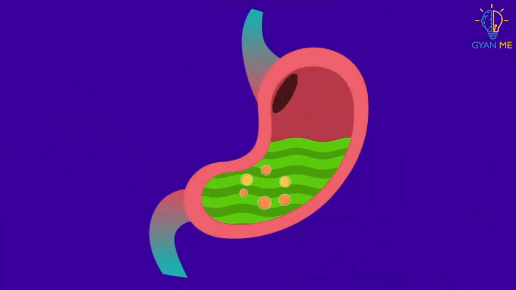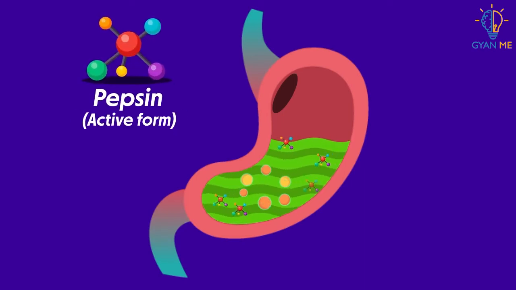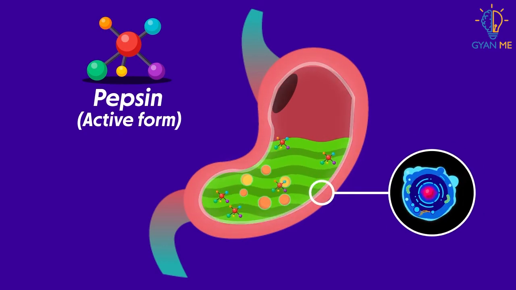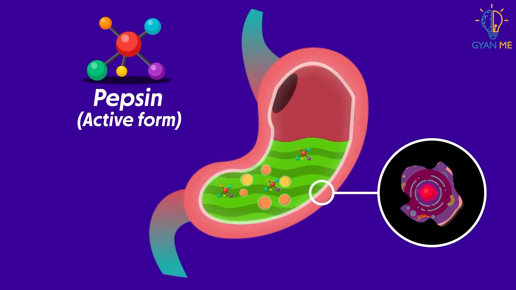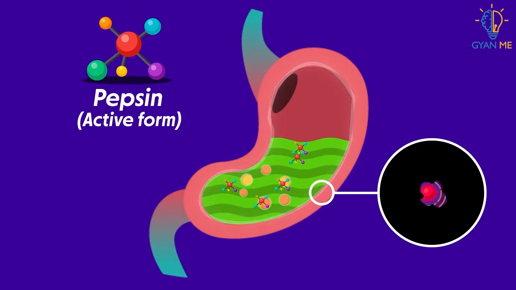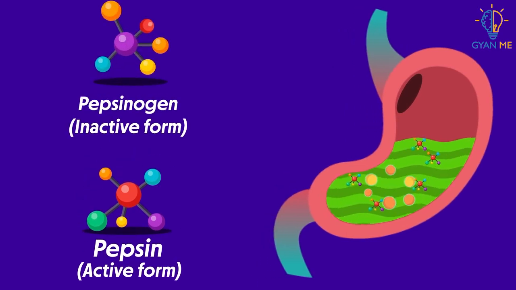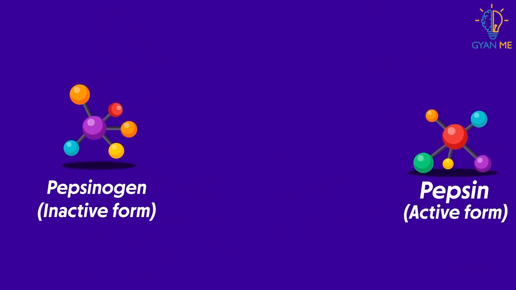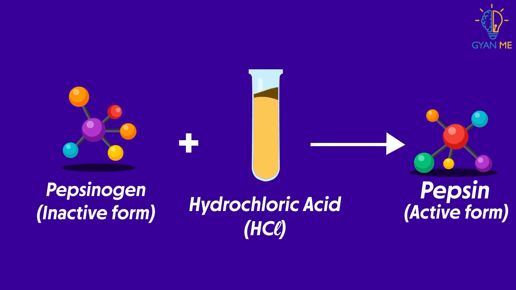This is because it is a digestive enzyme, and so if it is secreted in its active form, it will digest the cell which is producing it, in turn damaging our own stomach. Thus, to protect our stomach cells, we need to produce pepsinogen in its inactive form, and it needs to be secreted in the same form. When inactive pepsinogen comes in contact with HCl or comes in acidic medium, it gets converted into its active form, pepsin.